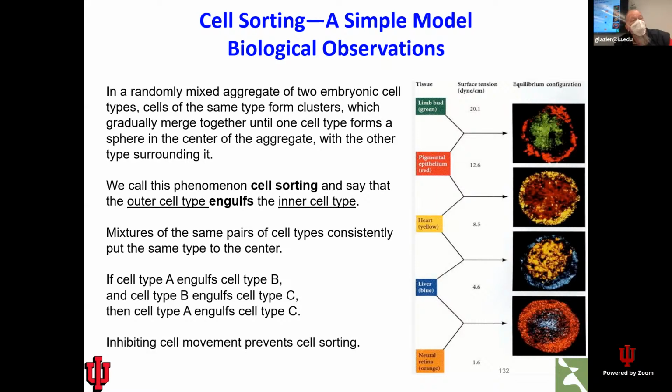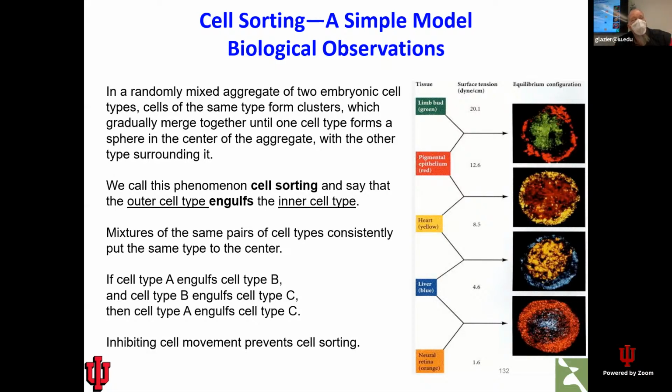Foty and Forgacs built a little device where they'd make a sphere of a given cell type, and then they'd press on it. When you press on a sphere, you stretch it so it has a bigger surface area. And so you could measure the energy required to create that extra surface area, and that gives you a rough estimate of the surface tension, which is where these surface tension dynes per centimeter come from.